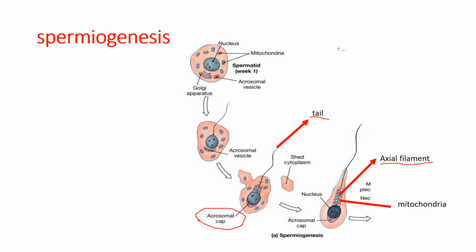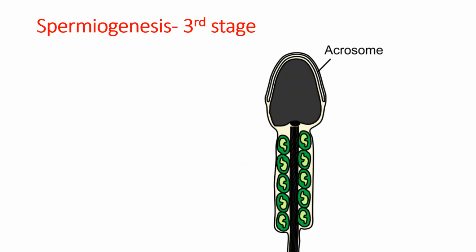This centriole at one stage delimits the middle piece of the axial filament, and it is covered by many mitochondrial cells, and then it finally forms the mitochondrial sheath. Here you can see the mitochondrial cells covering the axial filament, which converts into the mitochondrial sheath.